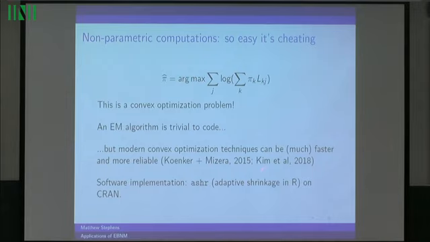And we've been using some sequential quadratic programming methods as well to solve this problem. And so the software implementation is pretty robust. You don't get numerical optimization to a non-global optimum. For the unimodal case and the scale mixture of normals case, I have software on CRAN.